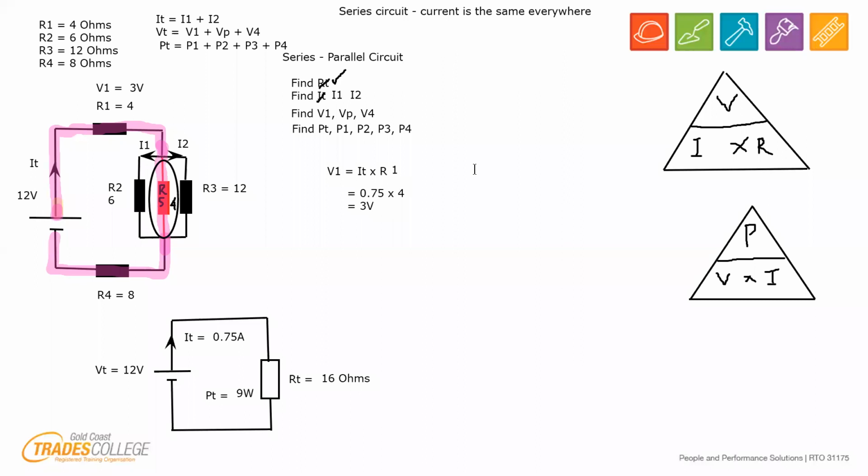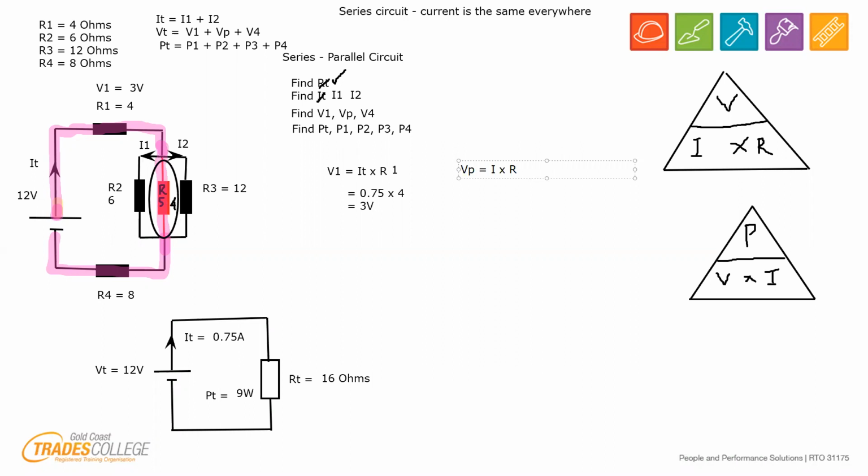The next thing I want to do is not V2 and it's not V3, but it is the V parallel. If I work out the V parallel, then I know what the voltage is across both of those. This is the bit that can confuse people. So VP, remember we need I times R again.